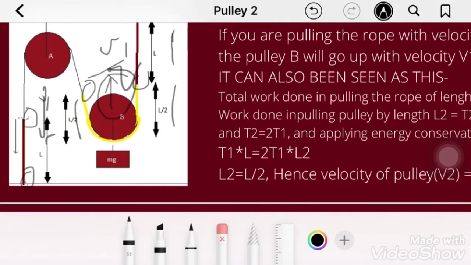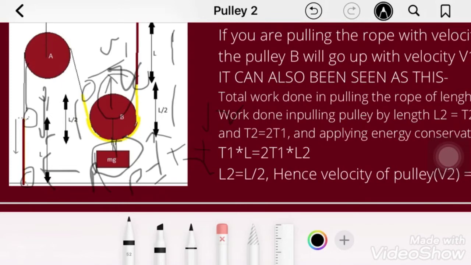You can also solve this in this manner. Suppose that the power delivered at this point of the rope is P, which will be equal to T1 into V1, where T1 is the tension in this rope and V1 the velocity of this rope. Now, as the same power is delivered to pull this block up, the same P will be equal to T2 into V2, where T2 is the tension here and V2 will be its velocity.